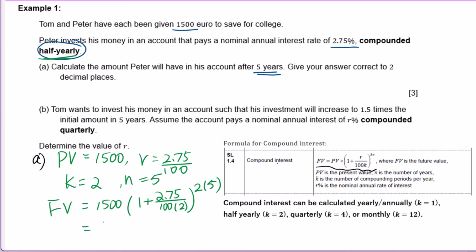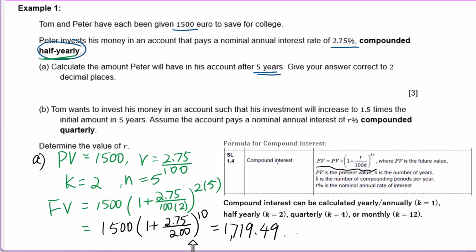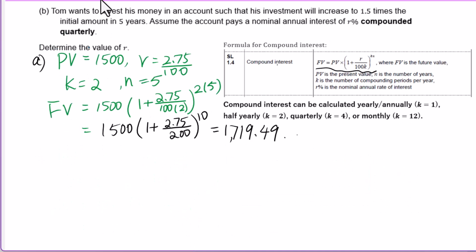Let's organize a little bit before we put it into the calculator: 1,500 times (1 plus 2.75 over 200) to the 10th power equals, enter. Peter will have €1,719.49.